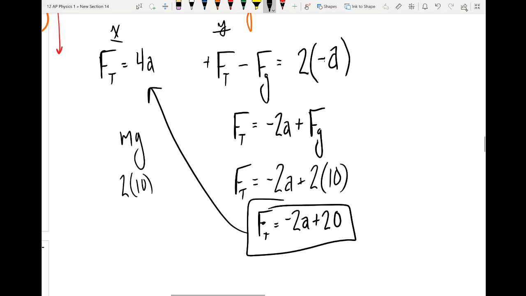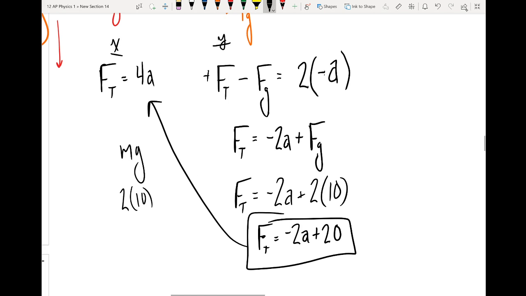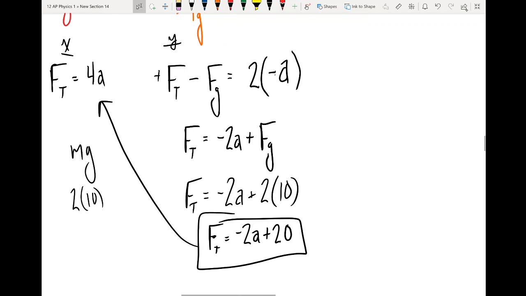We won't be able to just directly plug in, we kind of have to solve, but that's okay. So in our x direction, we said that we had this equation that said Ft equals 4a. Now we have Ft equals negative 2a plus 20. Both of these are equations for Ft, so we can set them equal to each other. We can say the tension is equal to 4a, and the tension is equal to negative 2a plus 20. So I can solve this.